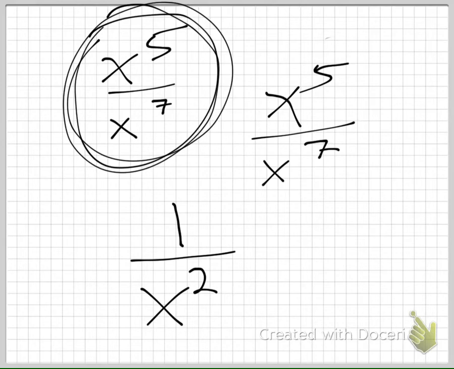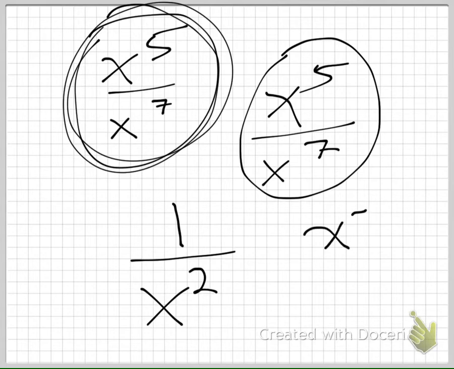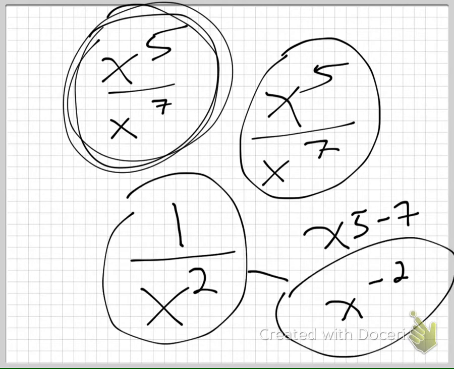So we just decided that x to the 5th over x to the 7th is x to the 5 minus 7, which is x to the negative 2nd. This and this are identical. I will show you again.